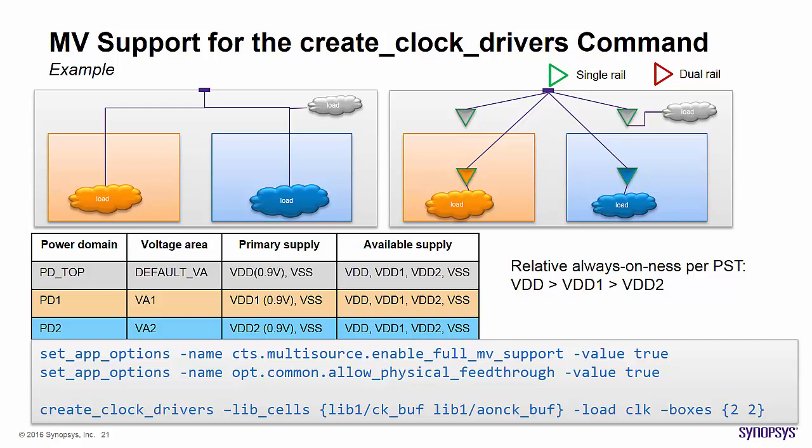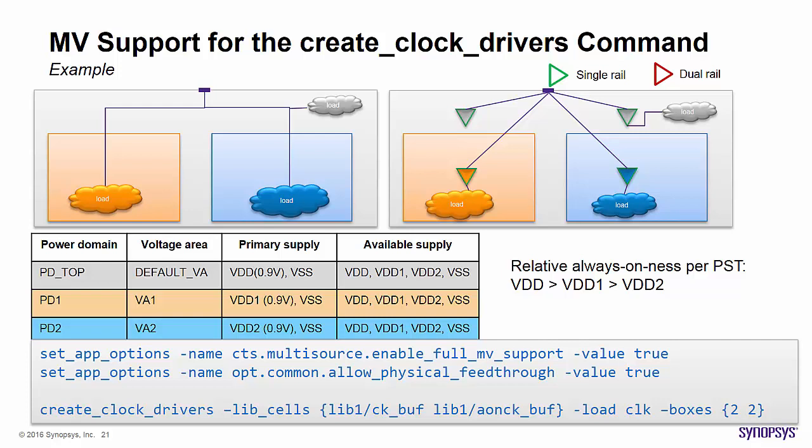The center of each box acts as the preferred location, which determines the power domain and the voltage area to be used. In this case, 2 preferred locations fall in the default VA colored in gray, and 1 each in VA1 colored in orange and VA2 colored in blue.